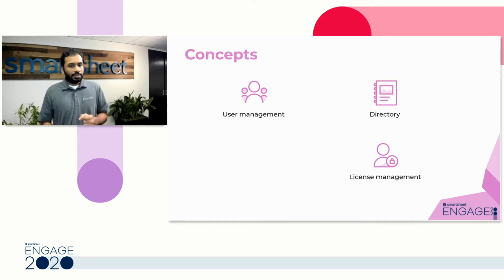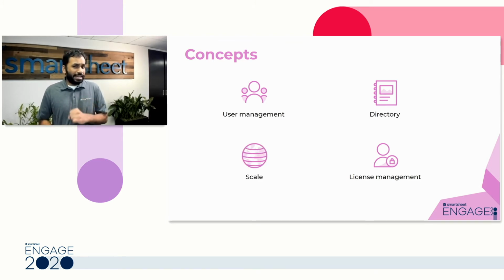A related concept is directory, which we'll talk about in a couple of slides. Directory is nothing but a list of users and the applications that they have access to. Some common examples of directories are Azure Active Directory, which is Microsoft's cloud version of the Active Directory solution. Okta is one other provider that also sells directory services.